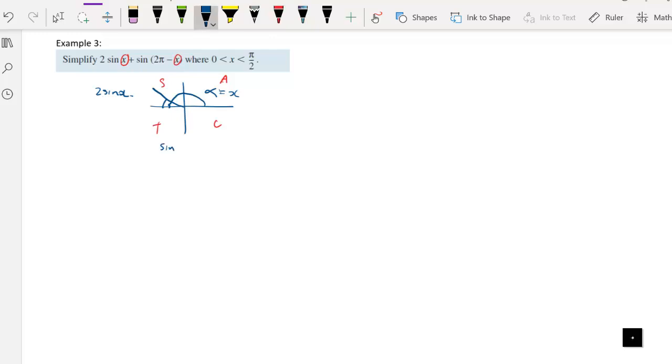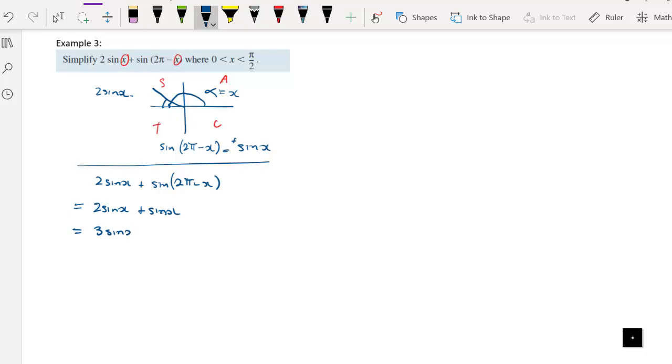So really what we're saying is that sine 2 pi take away x is the same as positive sine x, which means that when we go to simplify this whole thing, this 2 sine x plus sine 2 pi take away x will be equal to 2 sine x plus sine x, and therefore 3 sine x. We've got 2 sine x's plus an extra sine x, which gives us 3 sine x.